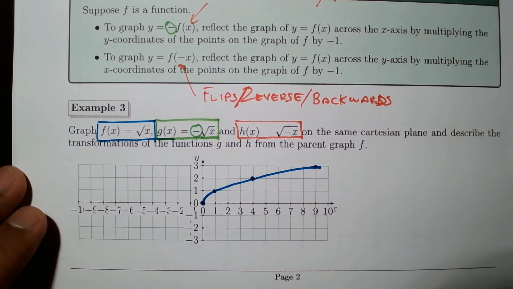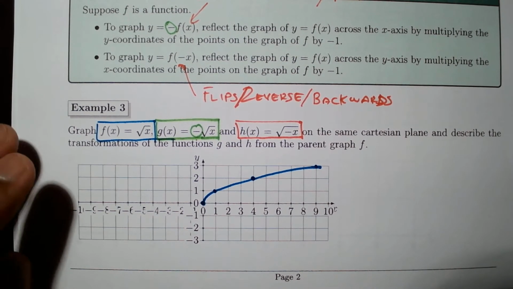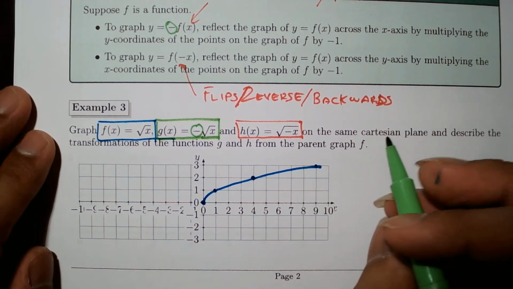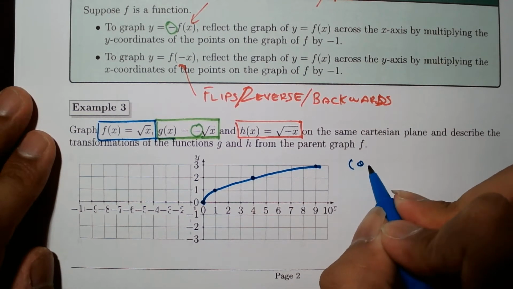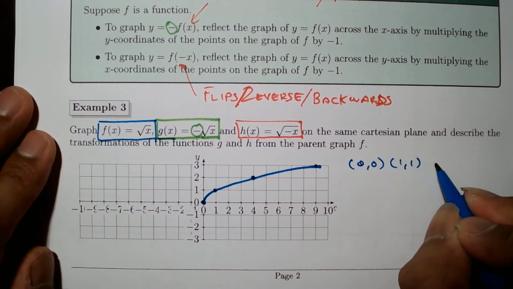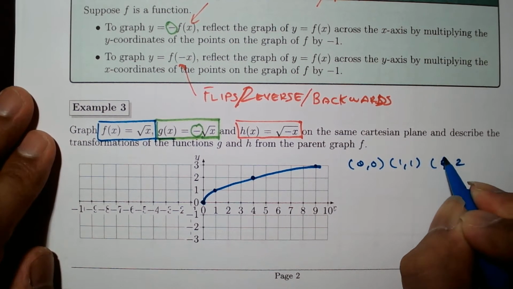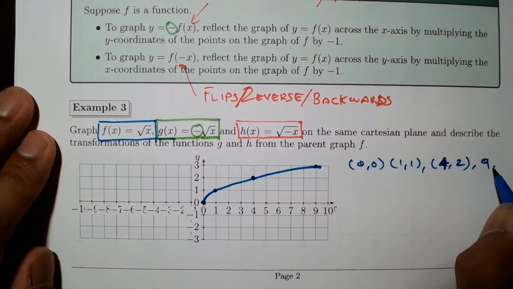So in this case, what am I going to do? With green, I'm going to have the points 0, 0, 1, 1, 4, 2, and 9, 3.